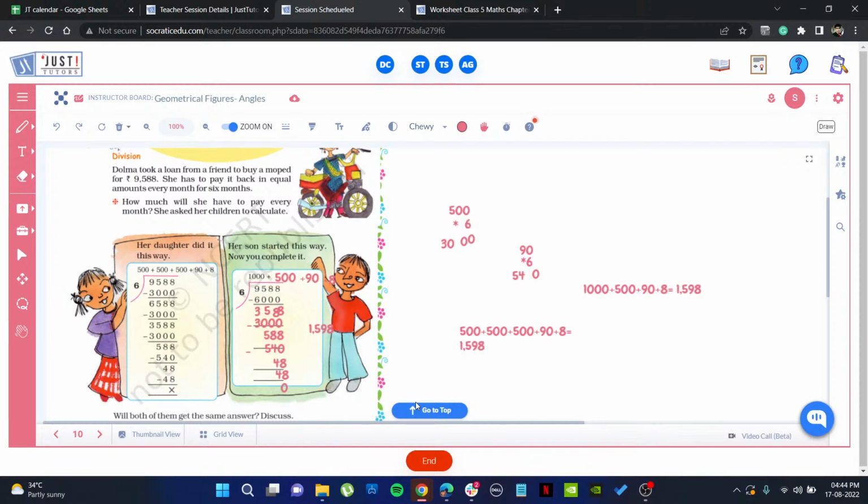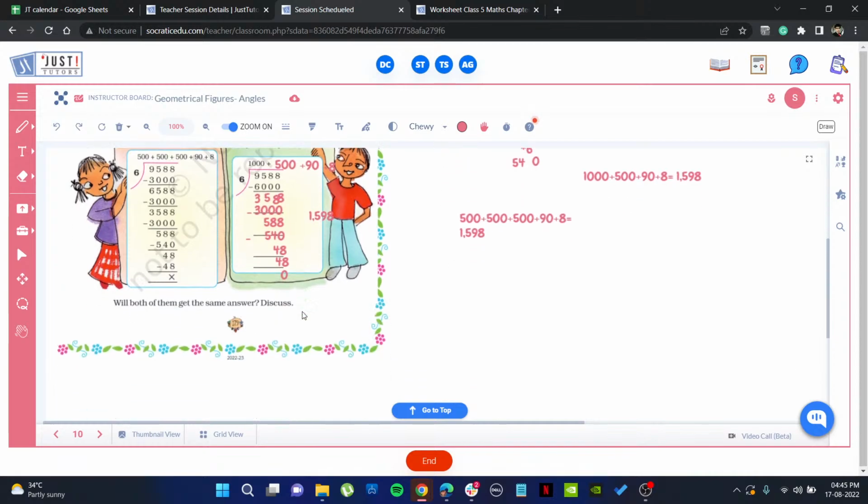So it's better to avoid extra steps. Both of them are getting the same answer. If we involve long steps, then our division might be time consuming. So we should try to avoid bigger steps.